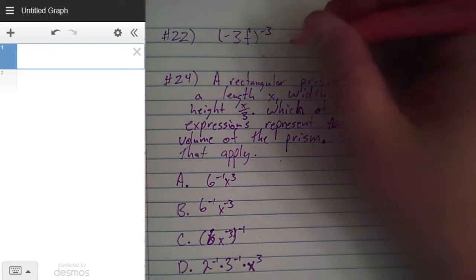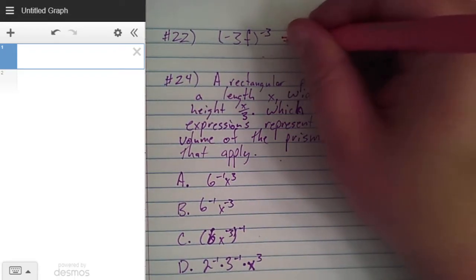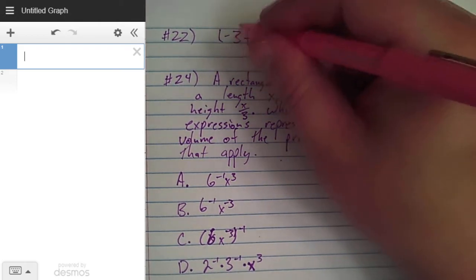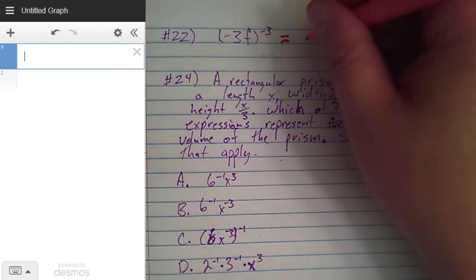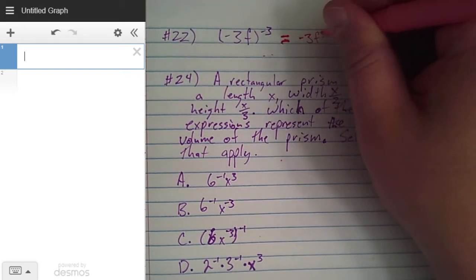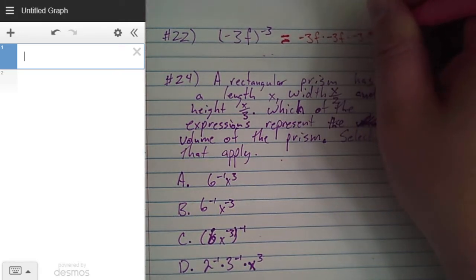So what we can do with that is, this is again that quotient rule. We end up taking each of the parts, or we could think about that as negative 3f times negative 3f times negative 3f.